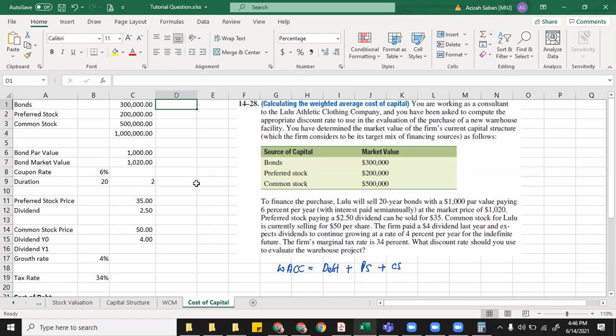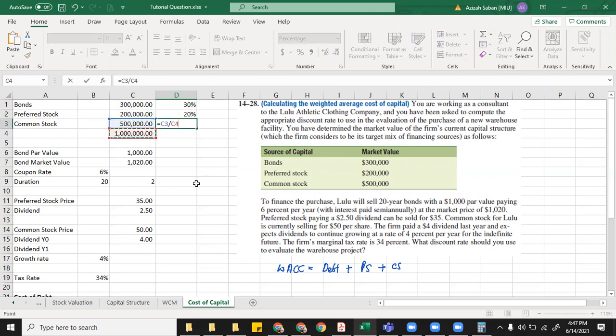So we can key in the formula as 300,000 divided by the total 1 million. All right, so we get 30%. Again, for this one we use 200,000 divided by 1 million, and for this one 500,000 divided by 1 million. So this is the weightage.